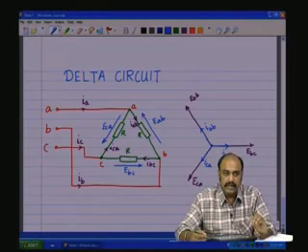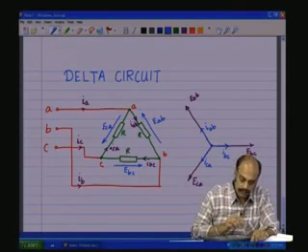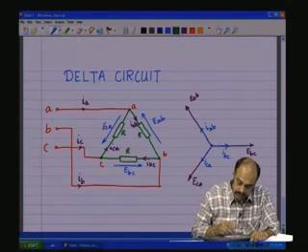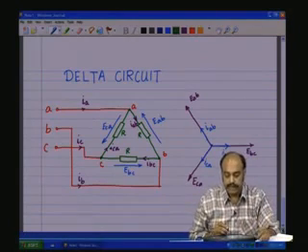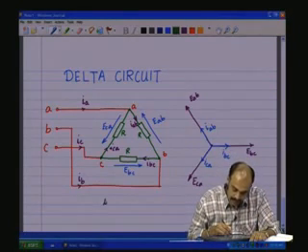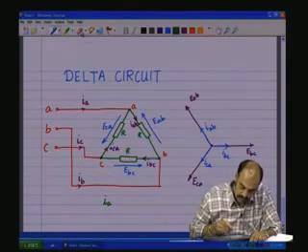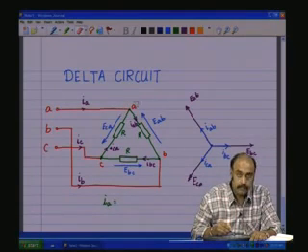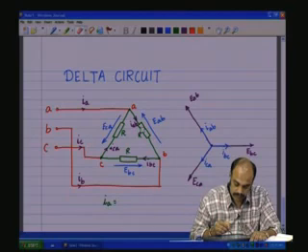Now, how do we relate the 3 phase currents with the line currents IA, IB, IC? So, if we apply Kirchhoff's current law, we look at this node here, IA is equal to the current which is going out here, which is IAB, minus the current which is coming through here, because they are now in 2 different directions.